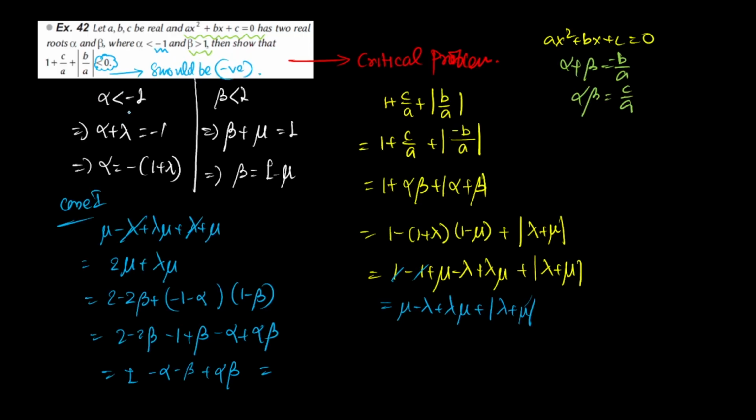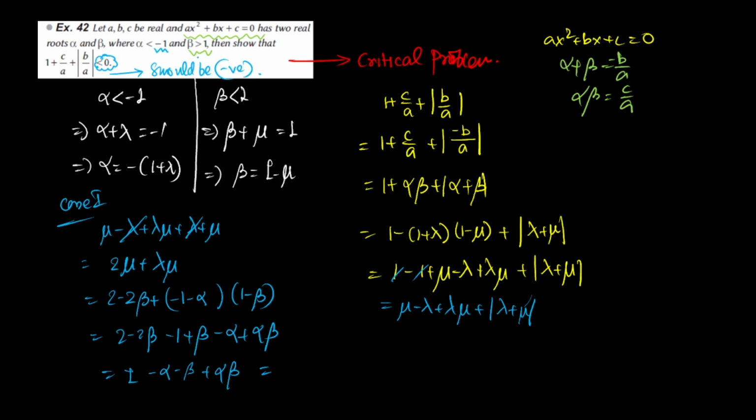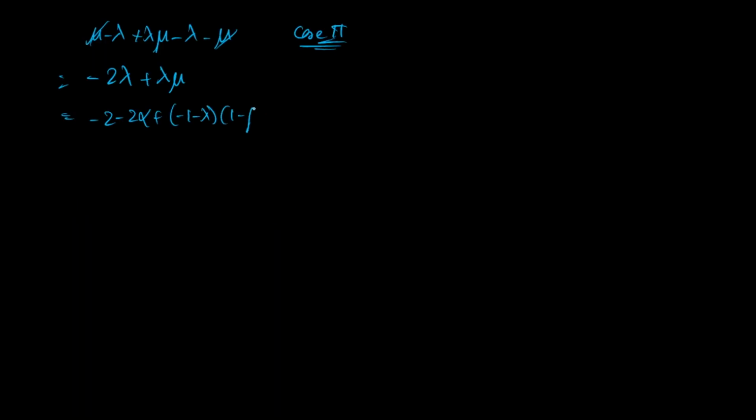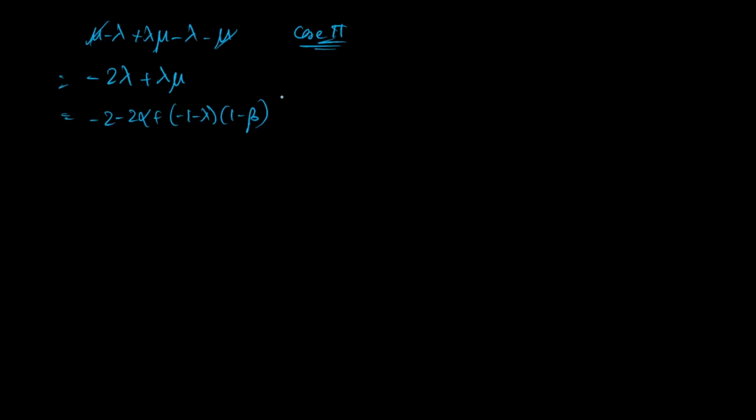Let's just put the values first of all. Lambda's value is minus 1 minus alpha, minus 2 minus twice alpha. Plus minus 1 minus alpha into 1 minus beta. Now the same case will happen here. Now something just like this will come, which is just lesser than 0.